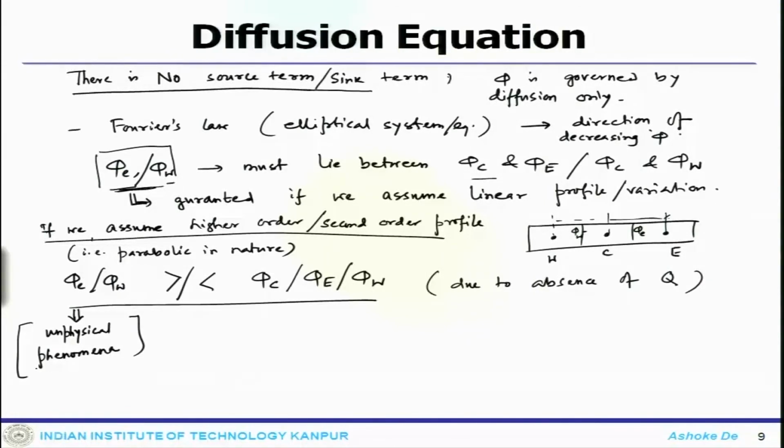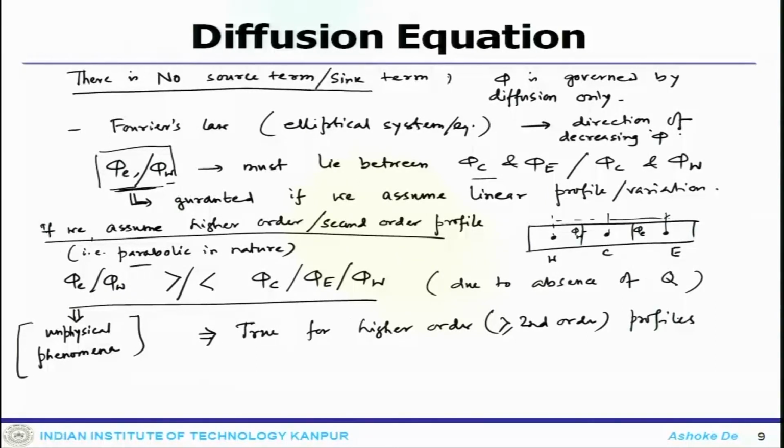One can immediately see that if you assume a second order parabolic profile, this can happen. This is also equally true for higher order profiles, greater than or equal to second order.